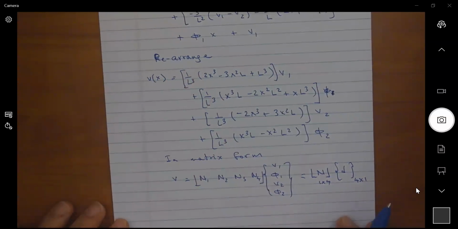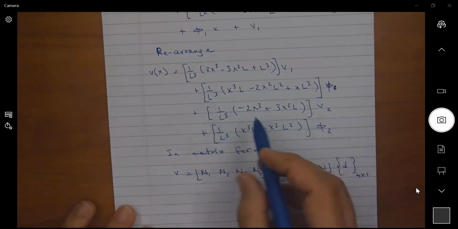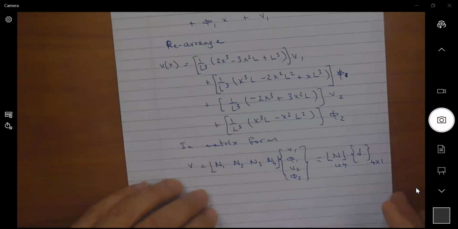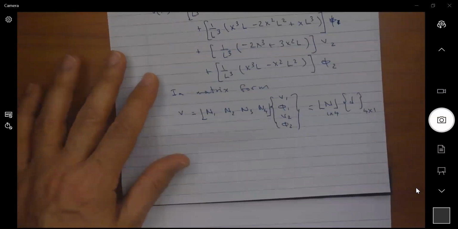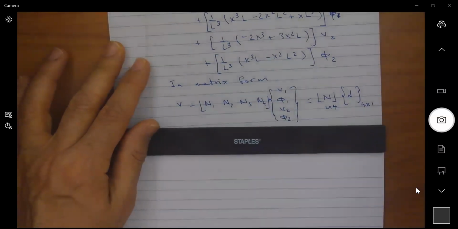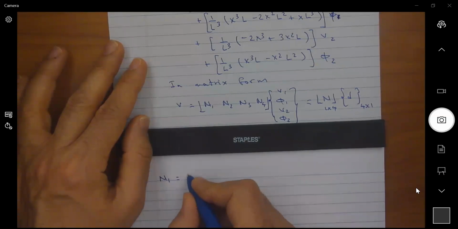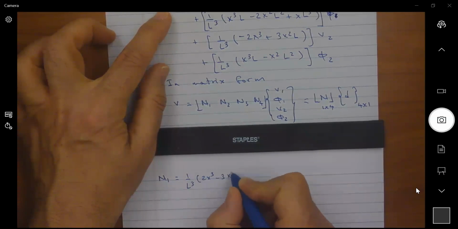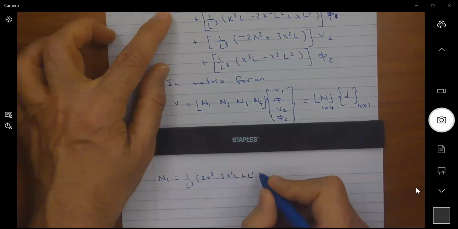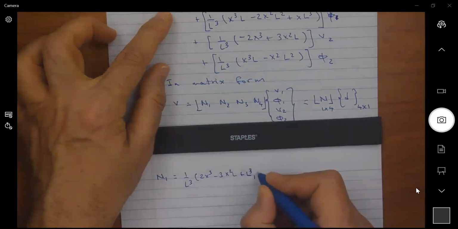But from what we learned about shape functions, if I sketch N1, which is equal to 1 over L cubed times 2x cubed minus 3x squared L plus L cubed. I'm sorry, L cubed here.